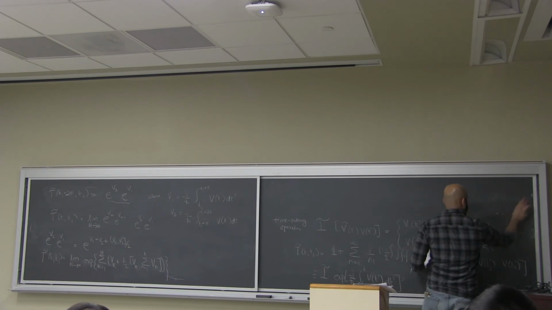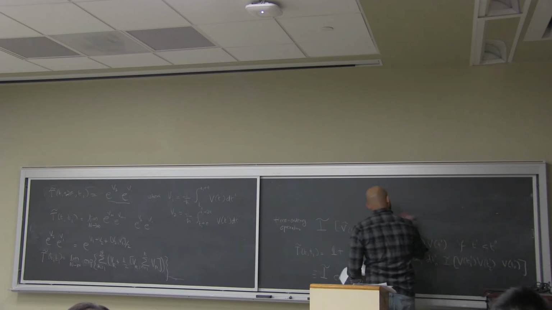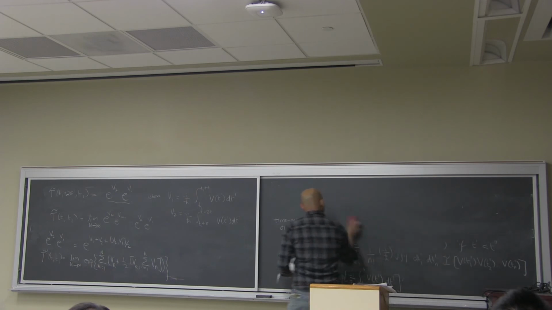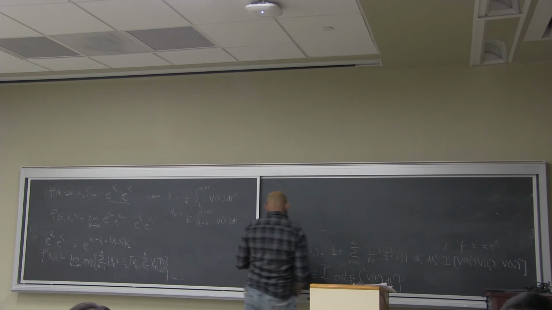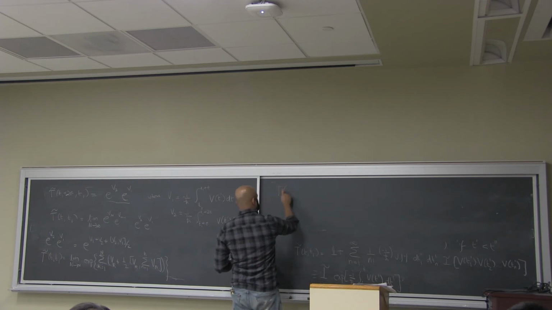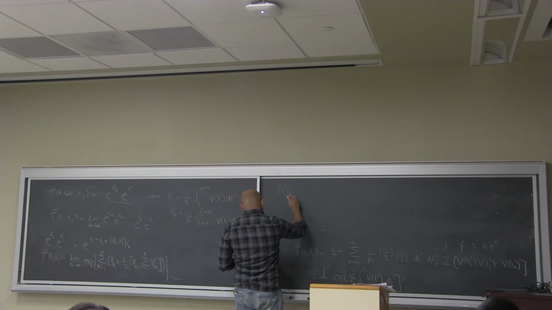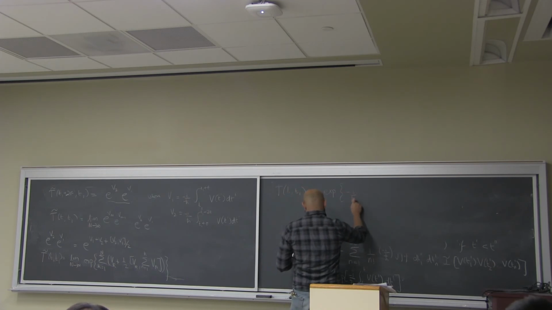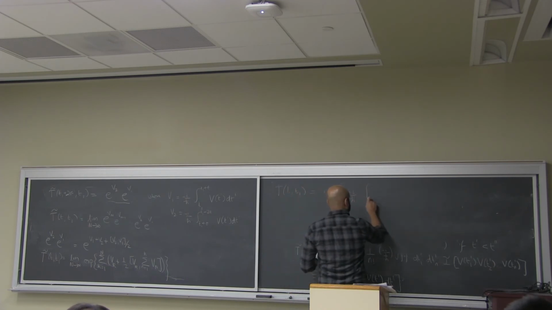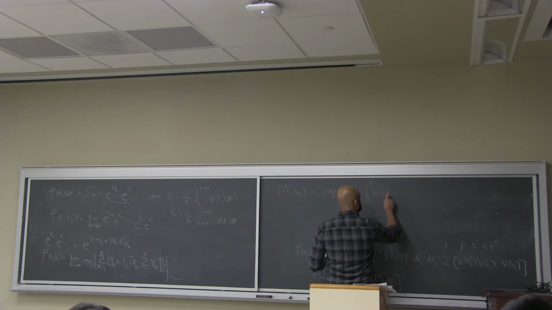As we take the limit of n going to infinity and epsilon going to 0, the first term then looks like what we would expect for the time evolution, which is the integral from t1 up to t of v of t prime dt prime.